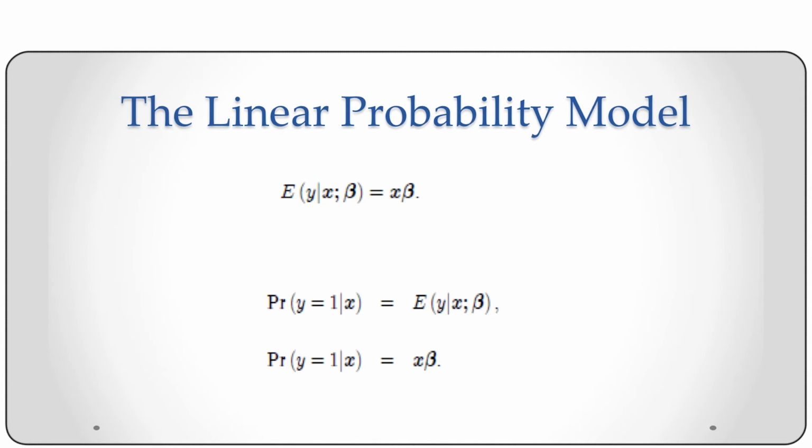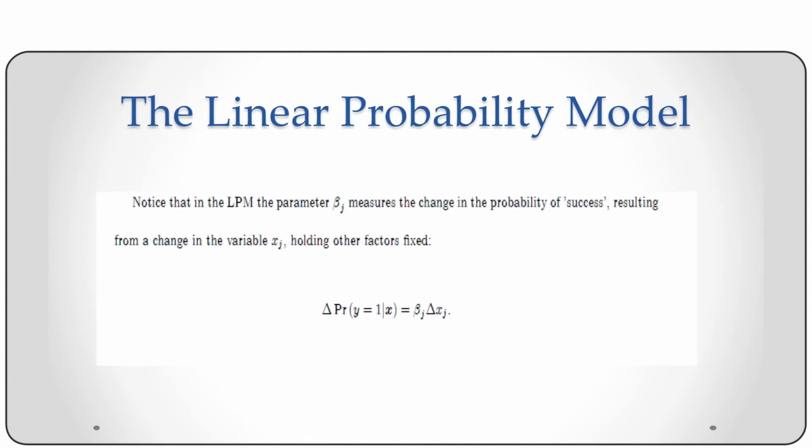So the situation is that we have a set of predictors x1, x2, up to xp. We have a single index x prime beta, and I'm going to assume that the expectation of y given x is equal to x prime beta, which is typically done in a linear model. Now note that when y is binary, it can assume values either 1 or 0, so its expected value is also equal to the probability of it assuming the value 1.